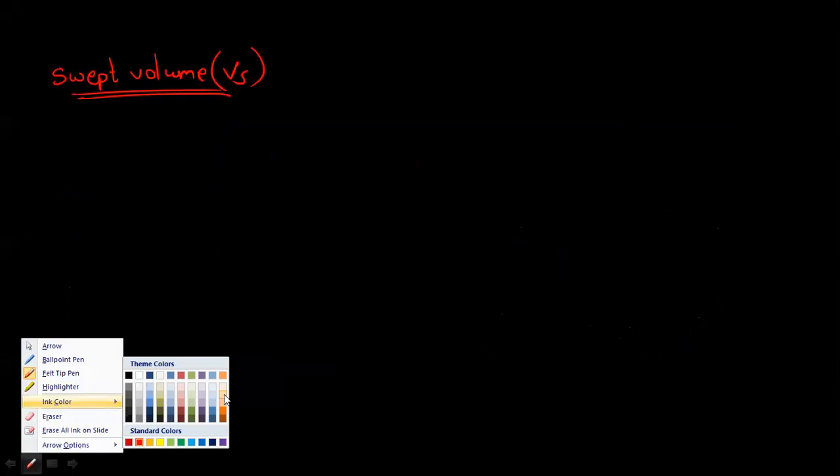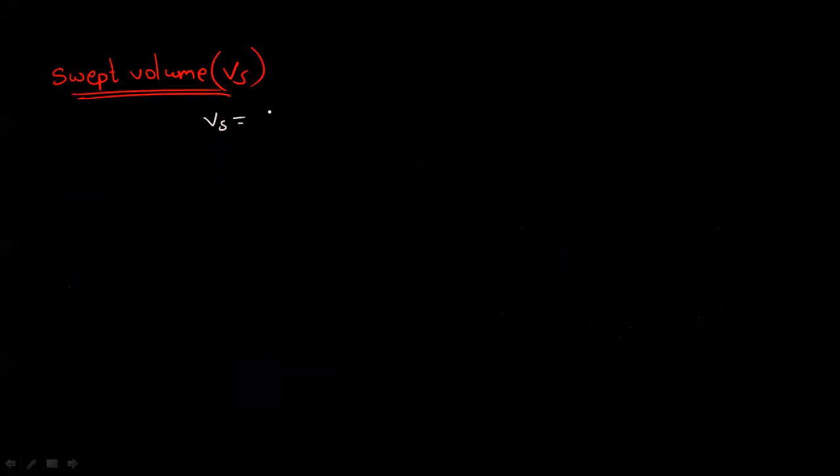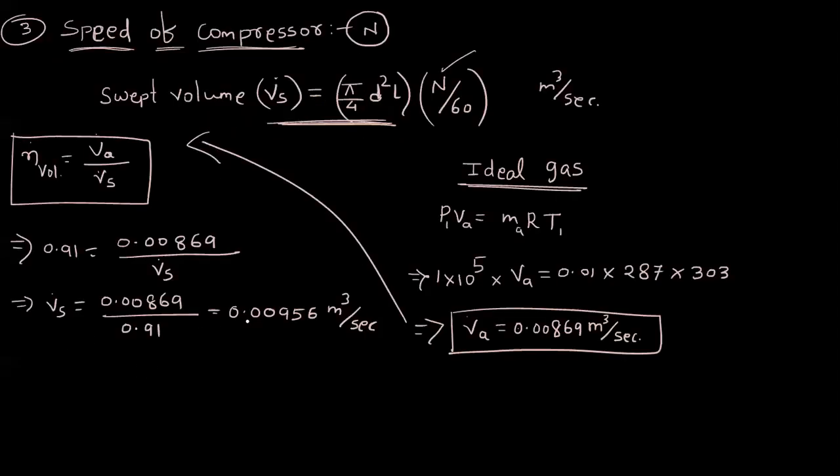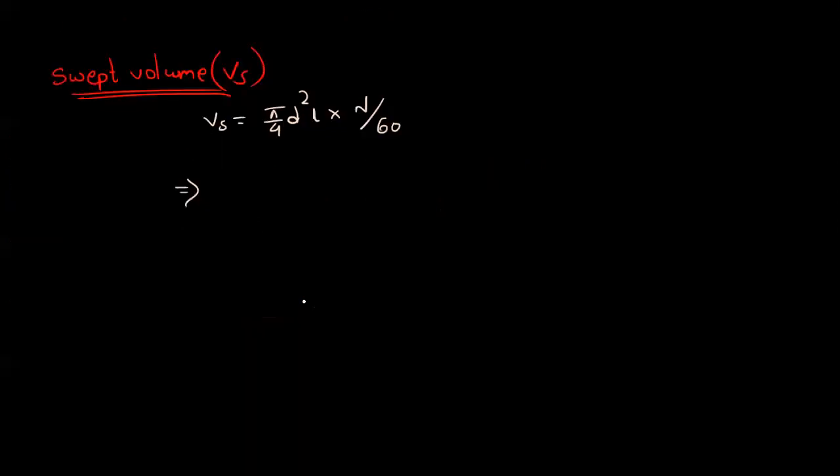Yeah. So now we are going to calculate the speed using the swept volume. Swept volume formula is pi by 4 d square L into n by 60. The swept volume we have calculated is 0.00956.